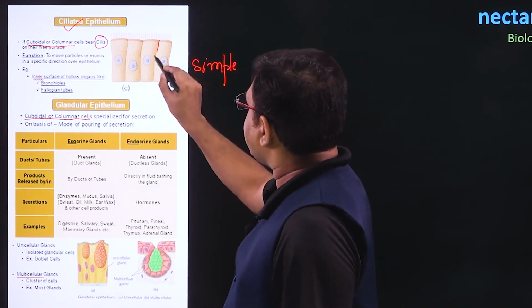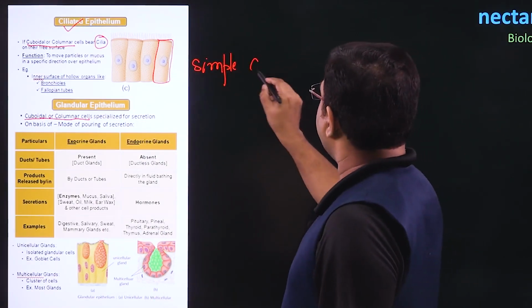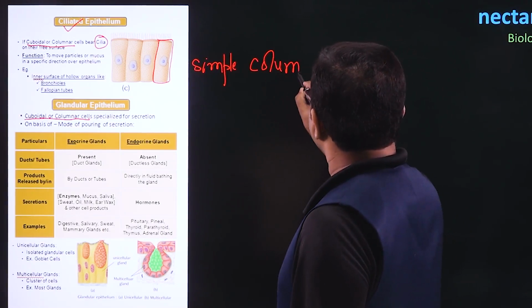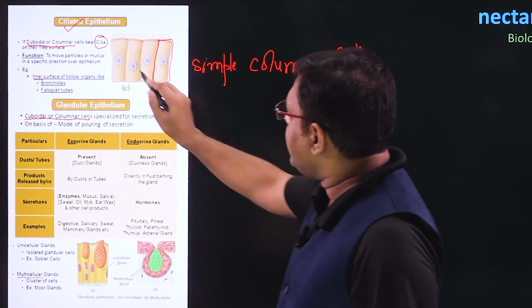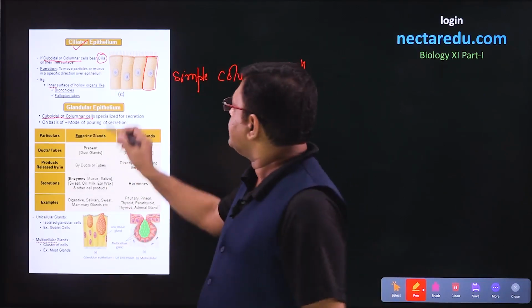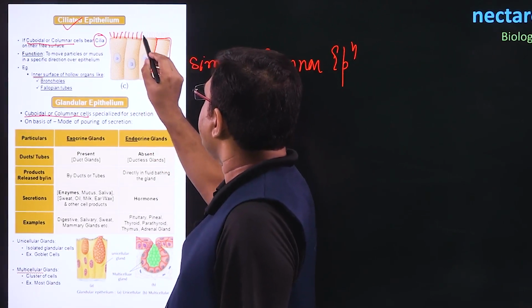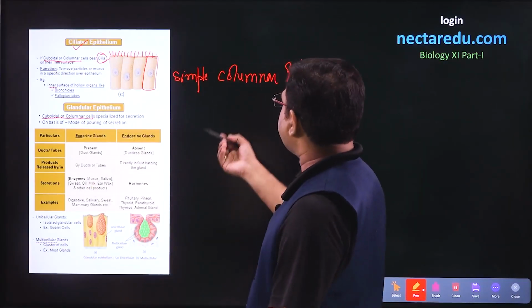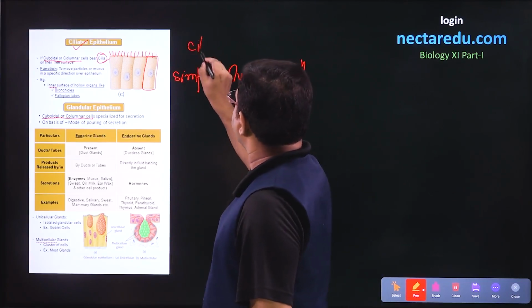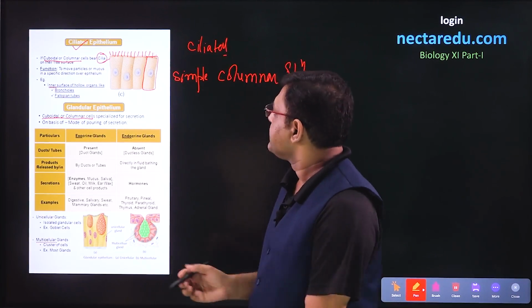The cells are tall and slender, column-like cells, so it will be columnar epithelium. Now, lastly, if we see this surface, small hair-like projections are present, and these hair-like projections are cilia. So that is why it will be an example of ciliated columnar epithelium.